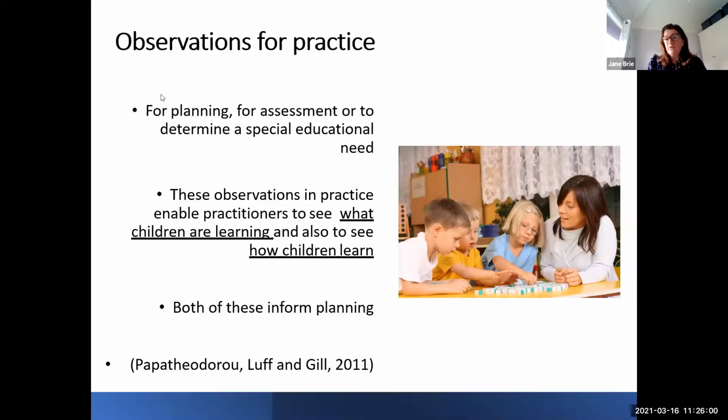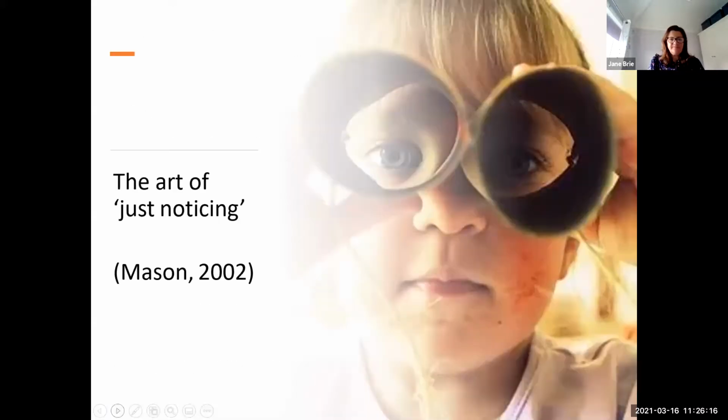And both of these inform planning, because they can look at next steps. They can identify groups of children, and maybe they have to do some targeted work with different groups of children depending on what they've observed. So a really important part of practice.